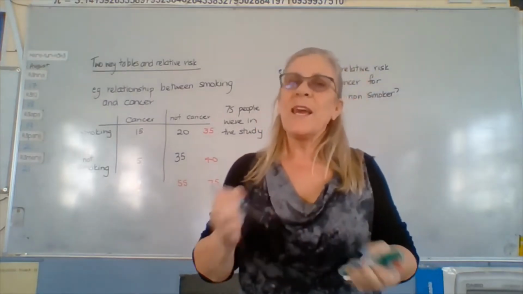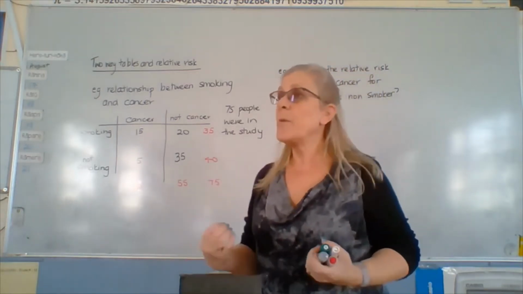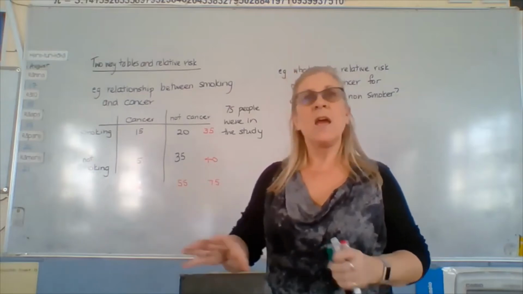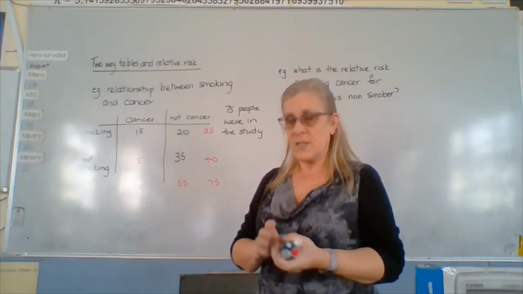All right, so we're looking at probabilities here. We're interested in the probability of a smoker having cancer and the probability of a non-smoker having cancer. If you think about it like that, you should get the right probabilities, because that's the hardest part.